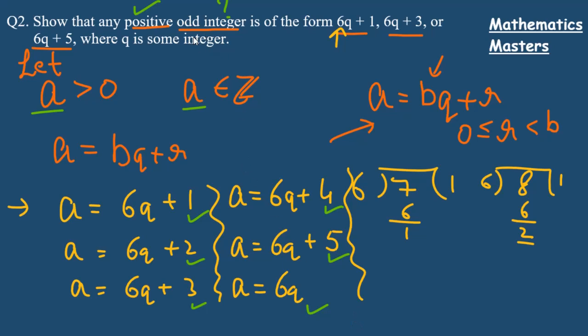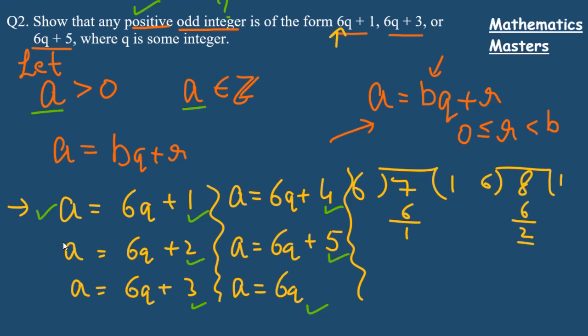Now we have to choose the odd integer. Let us see. If a is equal to 6q, is it an odd integer or an even integer? It is an even integer, a multiple of 6. 6q plus 1 would be an odd integer. What about 6q plus 2? Till 6q it is even, plus 2 again even.